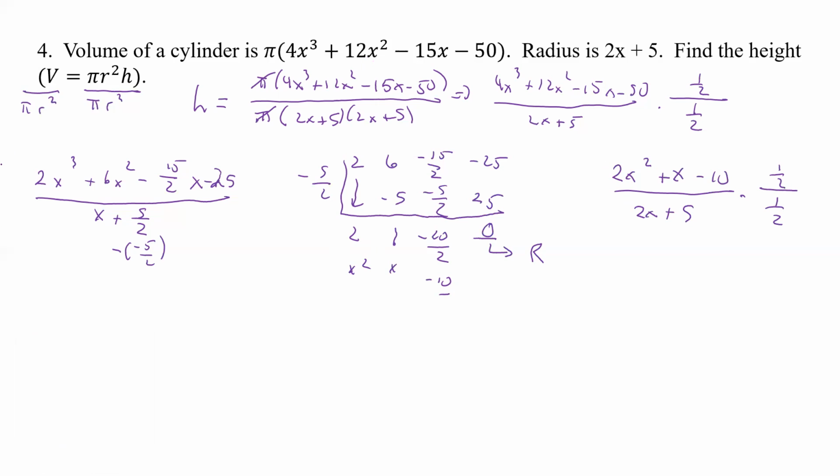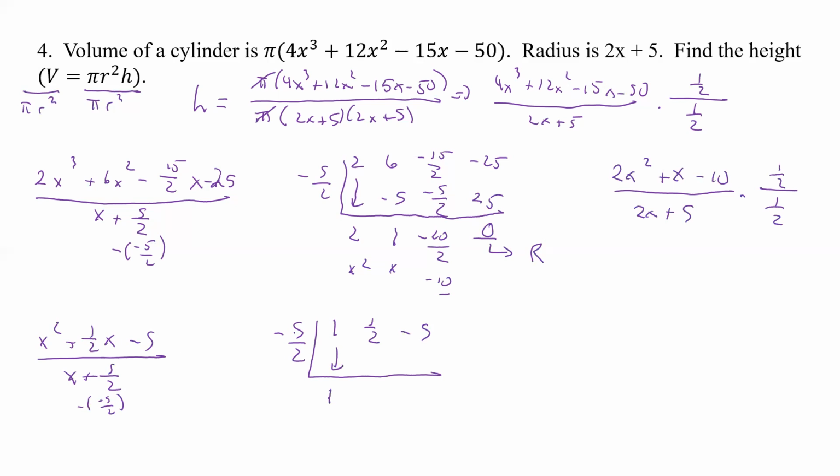And so if we come back down over here, hopefully we'll not run out of room before we're done. 2 divided by 2 is going to be 1, so that's going to be x squared plus 1/2 x minus 5, all over x plus 5 over 2. Okay, so we're having negative 5 halves again because this is minus a minus 5 halves. And so this is going to be a 1, a 1/2, and a negative 5.